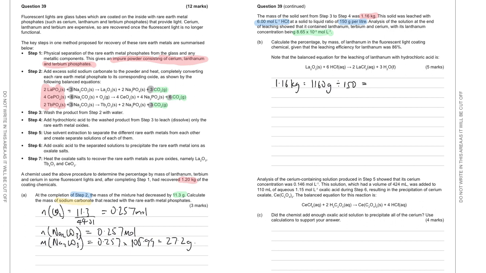That value is 7.73 liters. This is the liters of HCl that you've added in there.